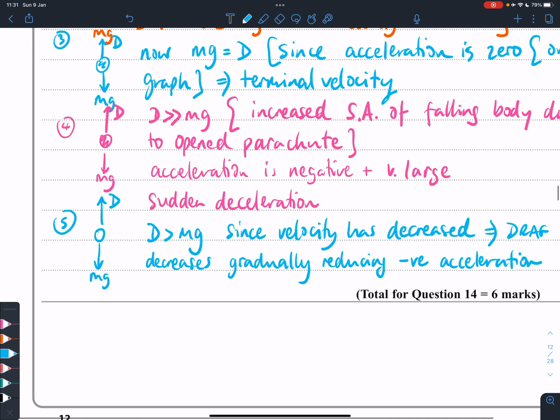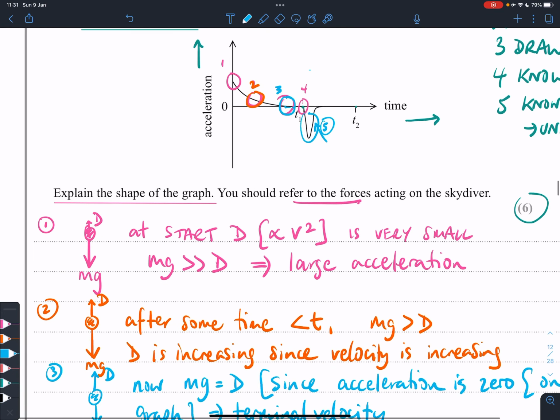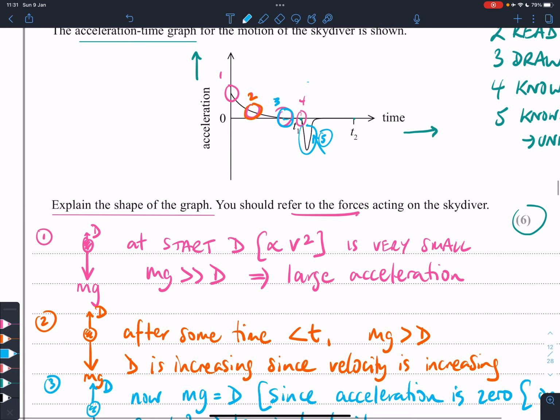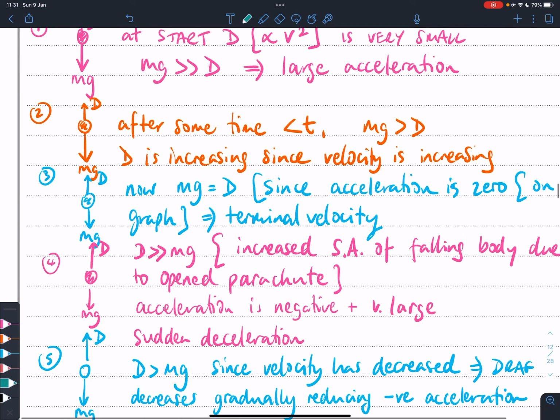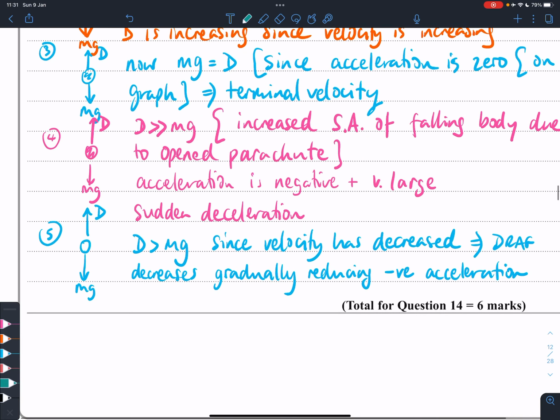Then if you wanted to, 6 marks, 6 points. I mean, you've got all the marks here really, but what you could do is you could say 6 here. And then at this point, it's the same as 3.